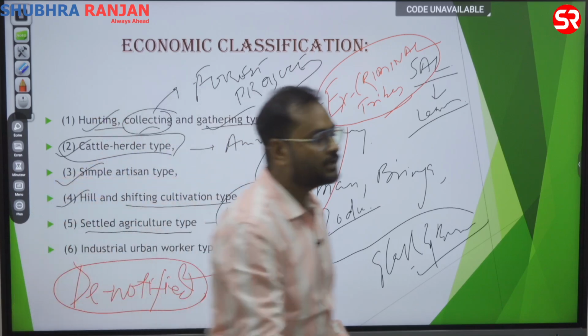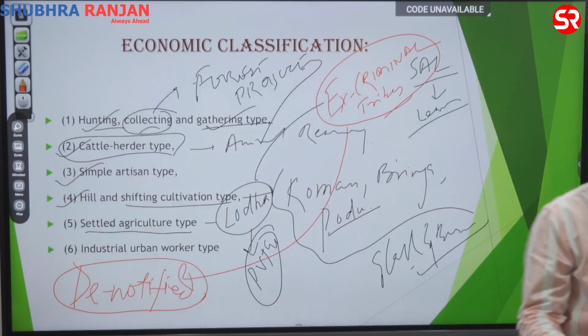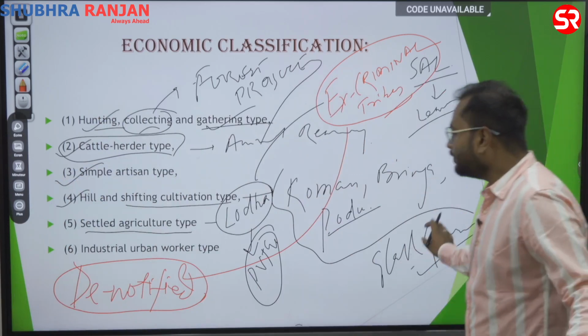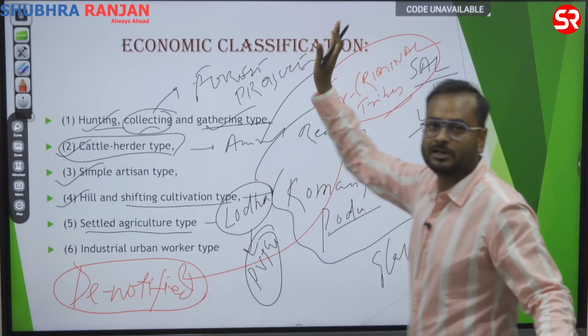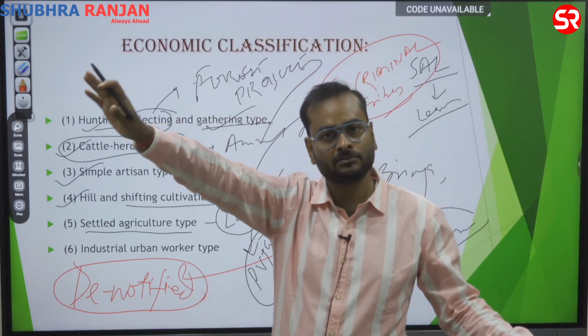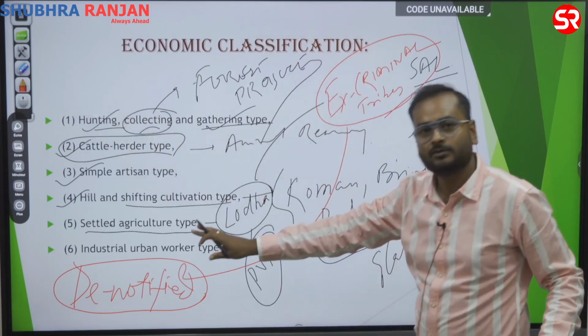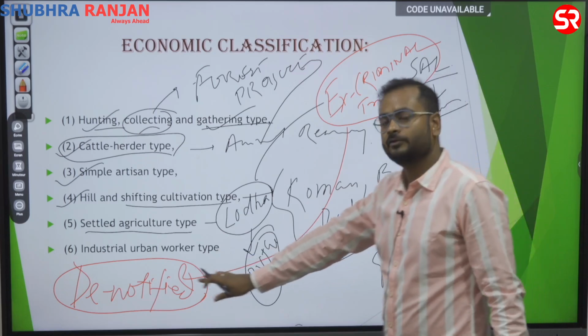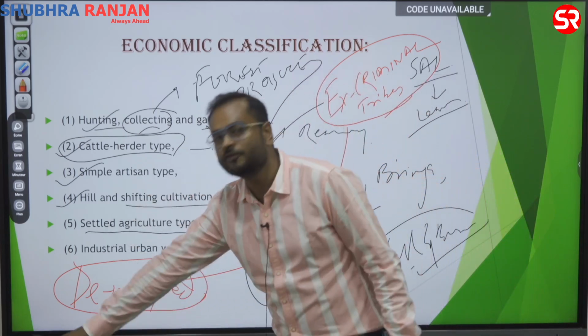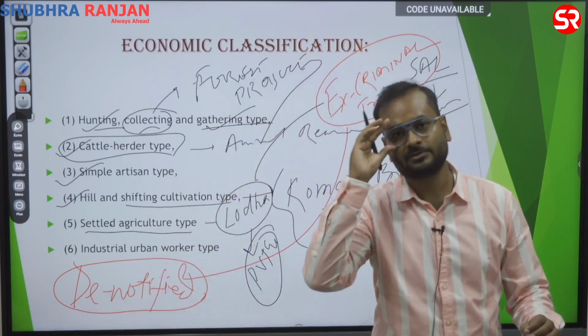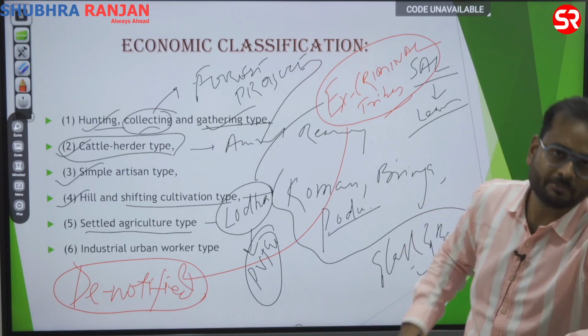Now I'll make you understand a certain concept. See, you may denotify them. Once it was notified as a criminal tribe back in the age of the British, one fine day, overnight, the policymakers denotified them, saying they were no longer criminal tribes.